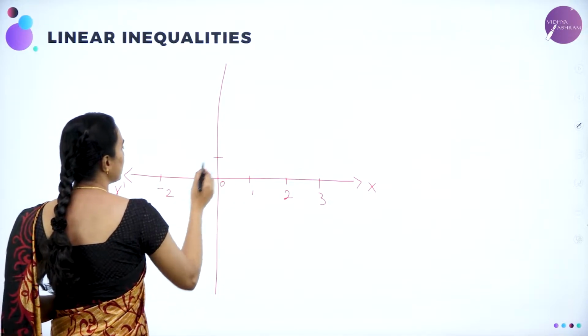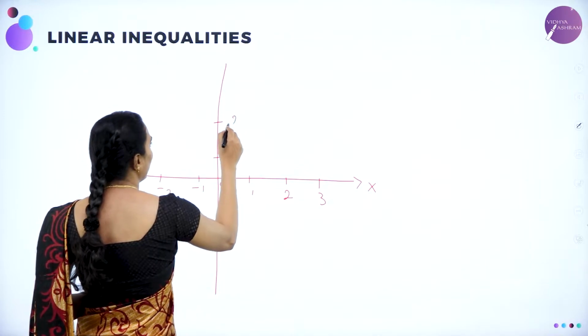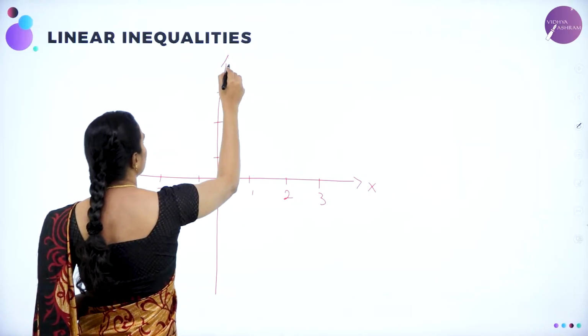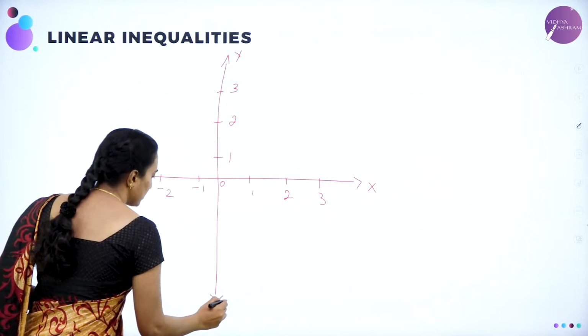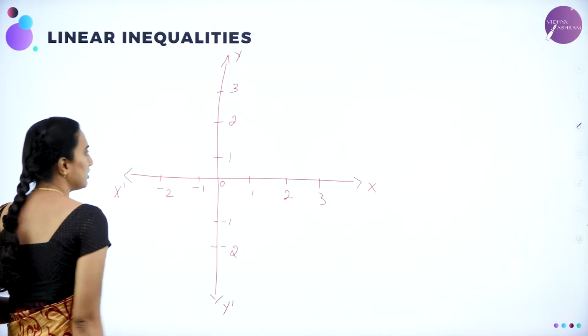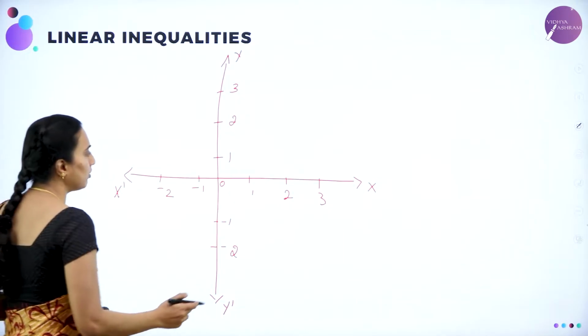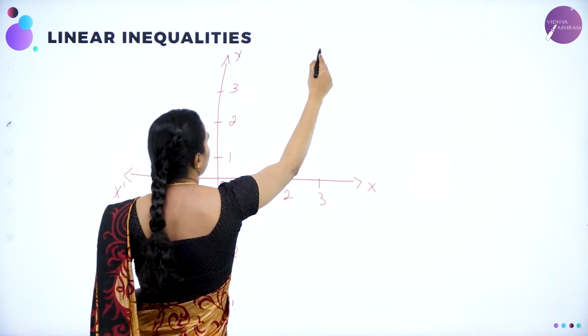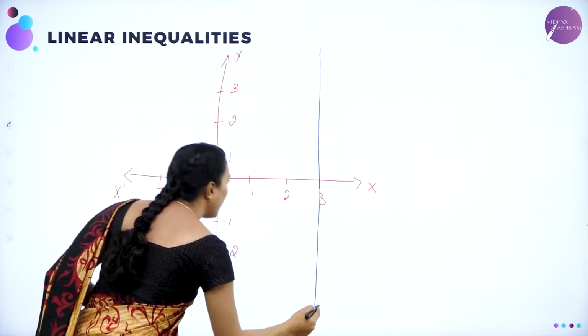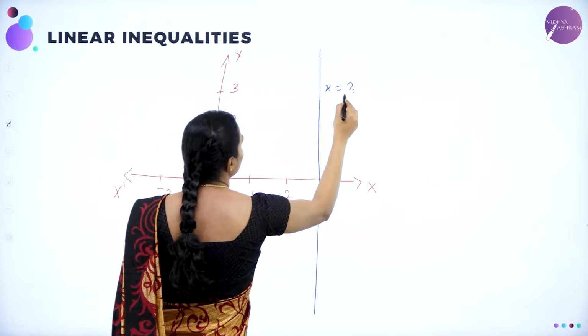I'm not much concentrating on the negative axis because you are having positive values there. 1, 2 and 3. This is y, O, y dash. Here also I am not much concentrating on the negative y-axis. So here what I got, x is equal to 3. x is equal to 3 means this is a line which is parallel to the y-axis. So let me write it here, x is equal to 3.